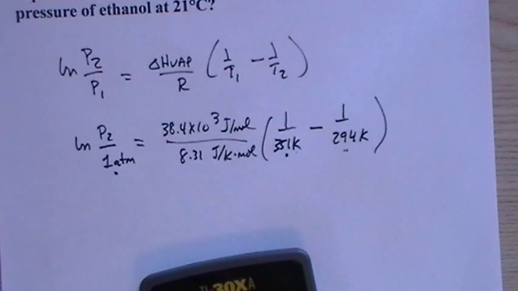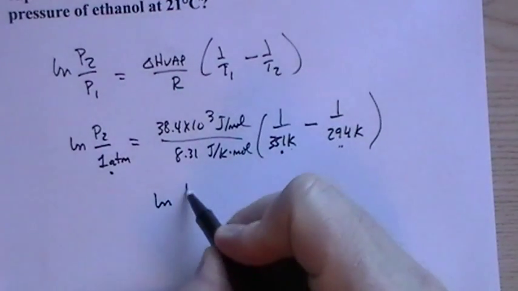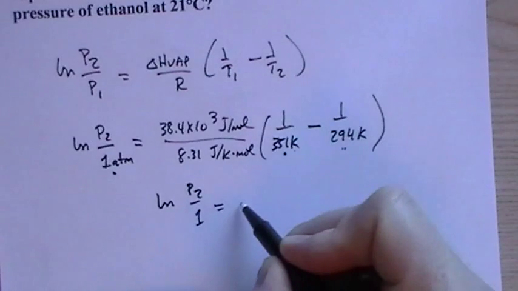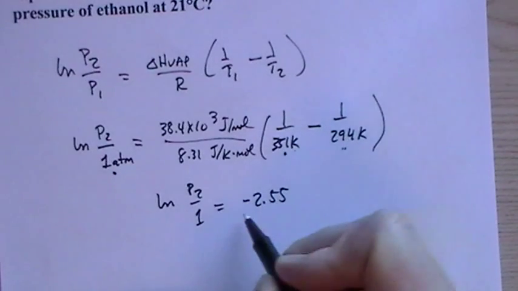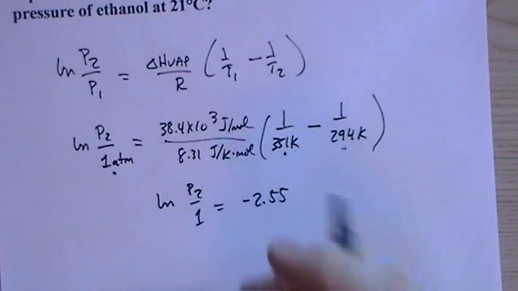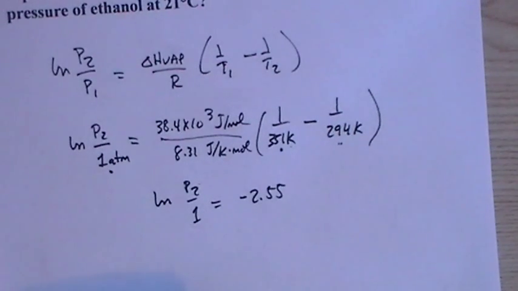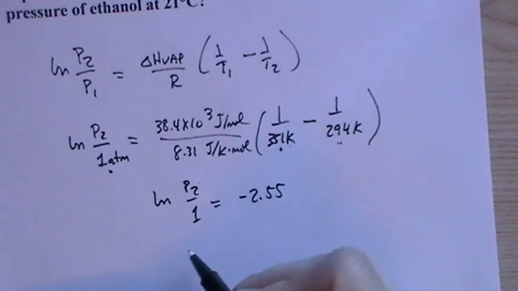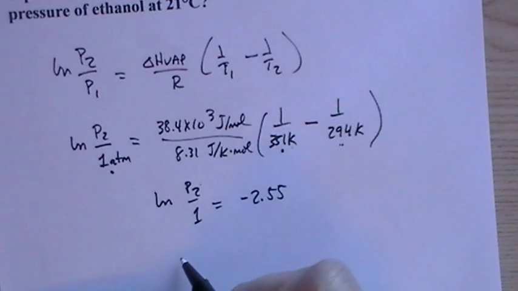So we do 351, then 294. Just going to do this quickly because we're running low on time here. Times 38400. And I get natural log of P2 over 1 is equal to minus 2.55. We want a negative there because this P2 needs to be smaller than 1. And if you don't see that, that's fine. But what we do is take the antilog of both sides.